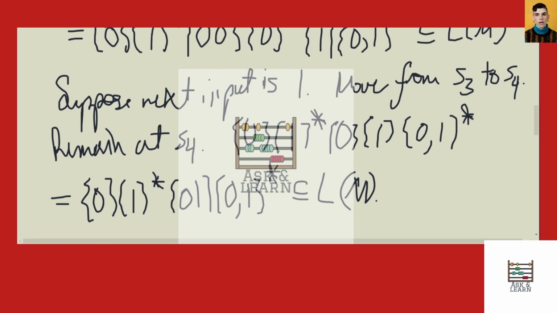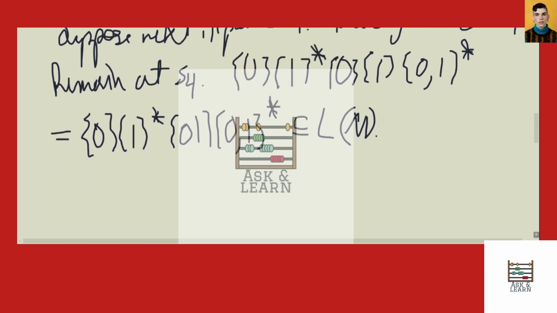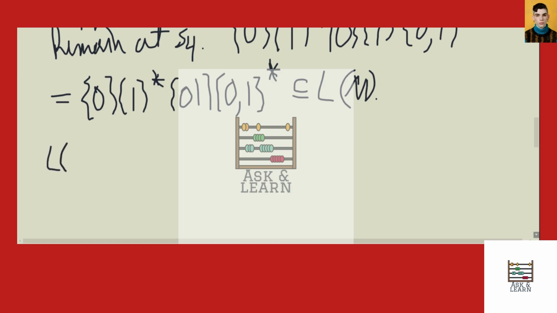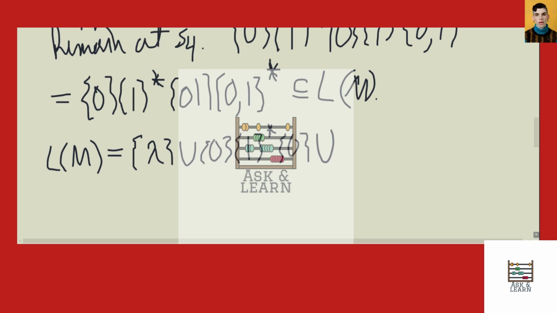Yeah, okay. And so these are all the different cases. And so it follows that the language generated by this automaton is the union of all these different sets. So we have first lambda, and then we also have union with 0, 1 star 0. Union with 1, 0, 1, 1, 0, 1 star.